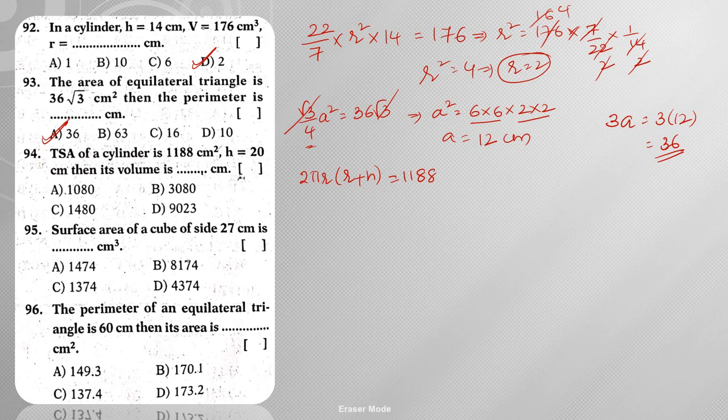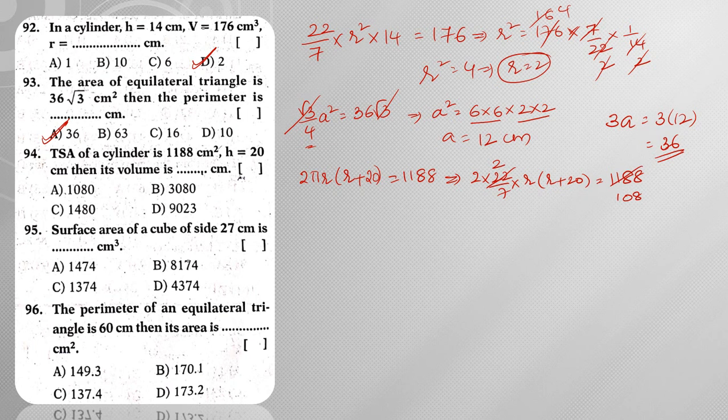He has given height, so height is 20. If I write 20 here, from this I can find out the value of r. So 2 into 22 by 7 into r into r plus 20 is equal to 1188. Right? In the 11 table, this goes 2 times. In the 11 table, this goes 108 times.